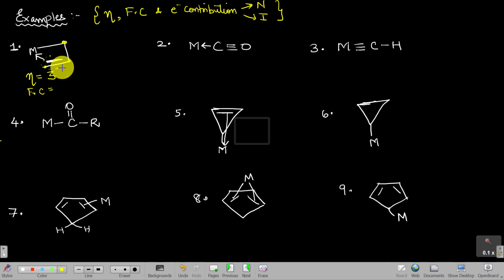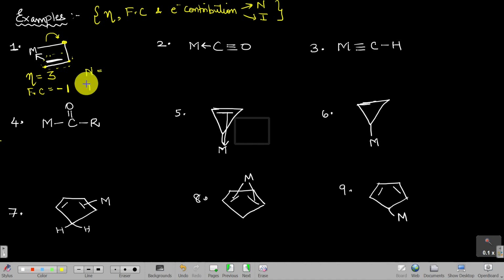So for this part, wherein the electron is being donated from the pi bond, the formal charge is going to be 0. But here, carbon is more electronegative, so it is going to have a formal charge of -1. So this part is contributing -1, this part is contributing 0. But for the overall formal charge, we need to add both, so the formal charge is going to be -1.